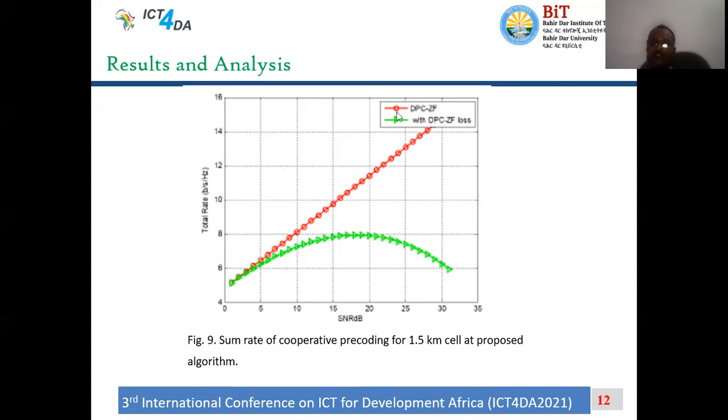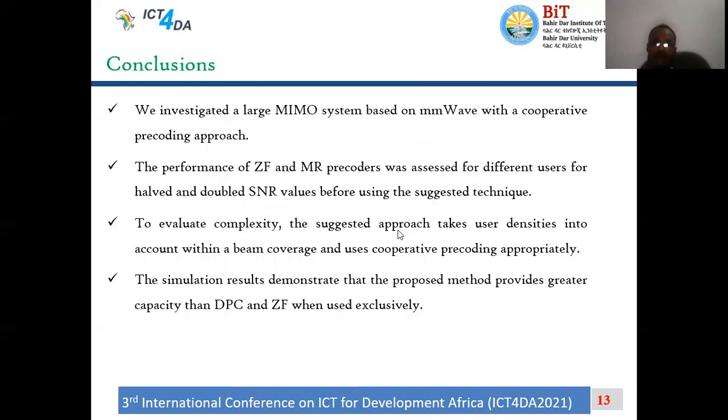In both cases, our proposed cooperatively working dirty paper coding and zero forcing becomes better than the hybrid dirty paper coding and zero forcing with some loss of zero forcing, which is seen in green color here.